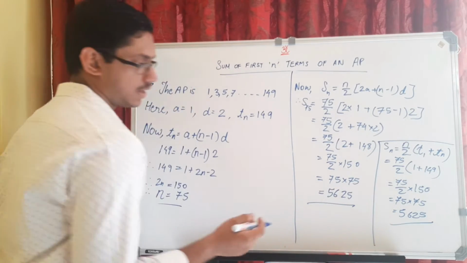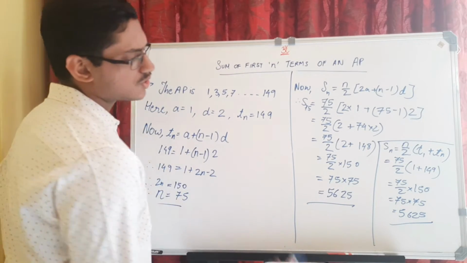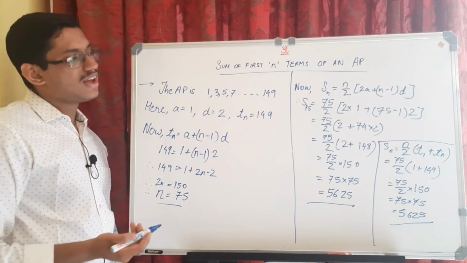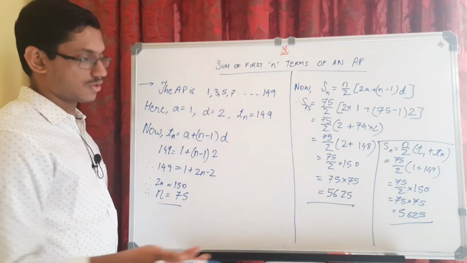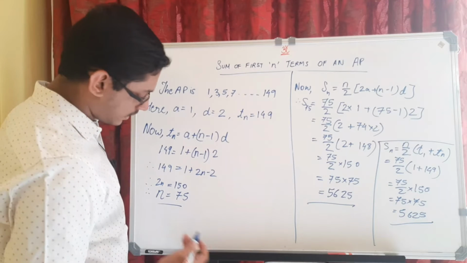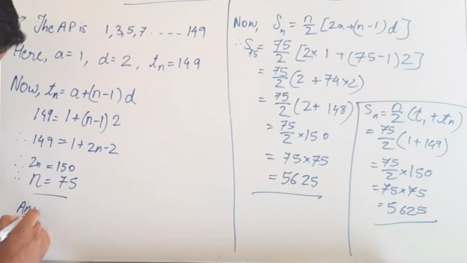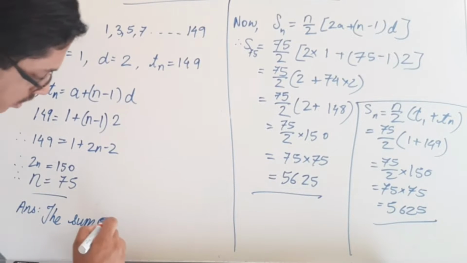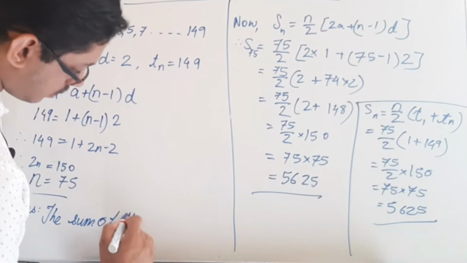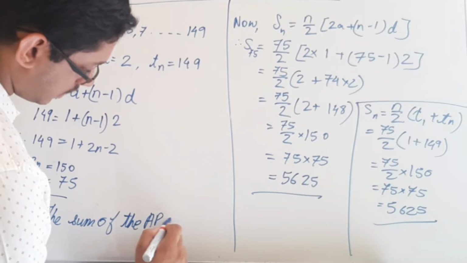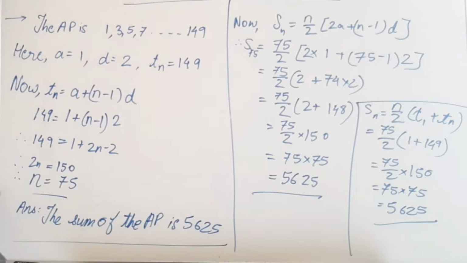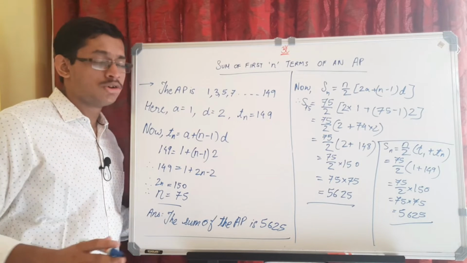So you can see the answer matches, and we can also see that this method is shorter and easier, and you can use this method also, no problem. The answer statement, answer: the sum of the AP is 5625. Write the answer statement, conclude the answer.